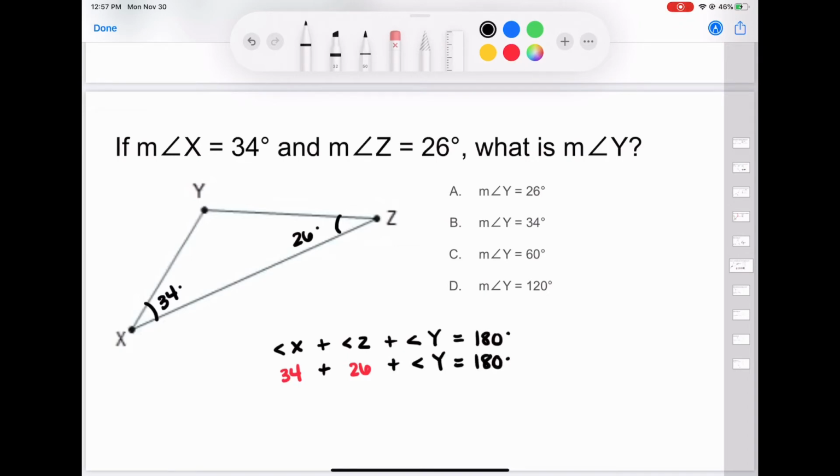Let us see, 34 plus 26 gives us 60. Equals 180. We want to go ahead and subtract 60 from both sides. And so we see that the measure of angle y is equal to 120, and thus we can select D as our answer. Let's go ahead and look at another problem.